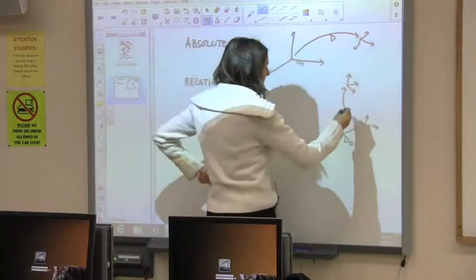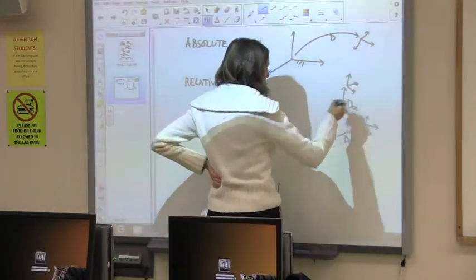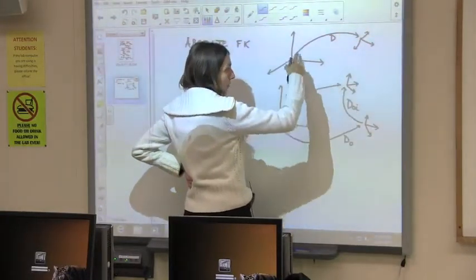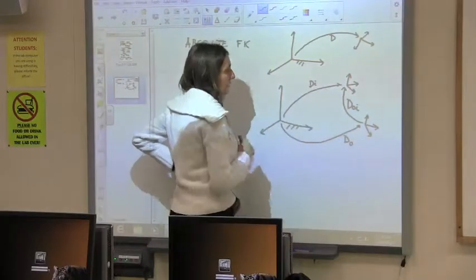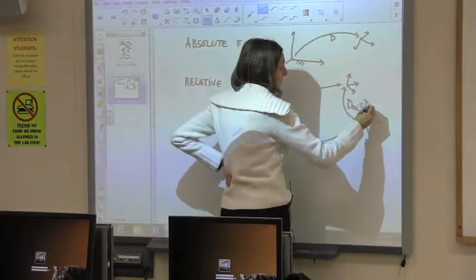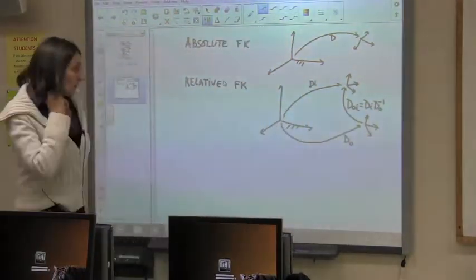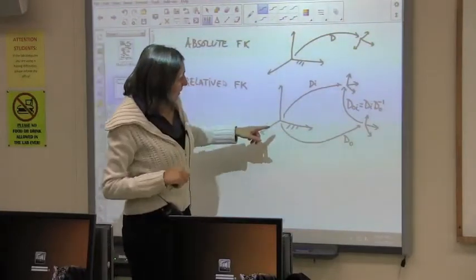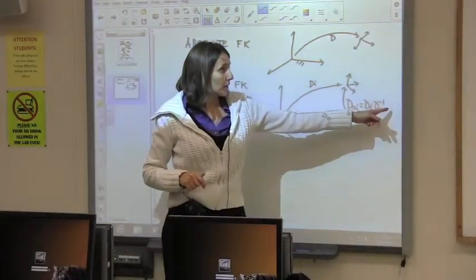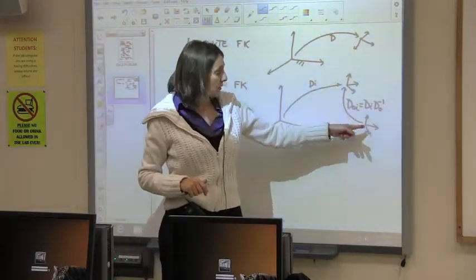This is called D0I, and this is the pose. If you were able to define this as Di using the absolute displacements, then D0I, from 0 to I, is just Di D0 inverse. That's the way it's defined. You come back here with D0 inverse, because you operate through the right, and then you go to Di, and that's the same as doing this.